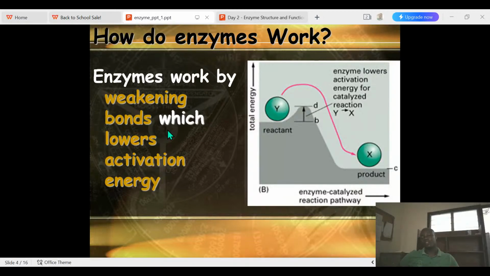It's like a hill that the substrate must jump before product is generated. In the case of enzymes, they weaken the bonds through lowering the activation energy. Then the reaction will take place. That is how enzymes work: by lowering the activation energy.